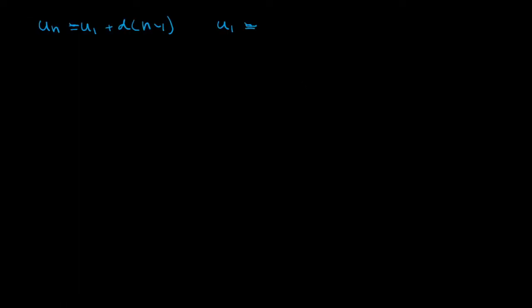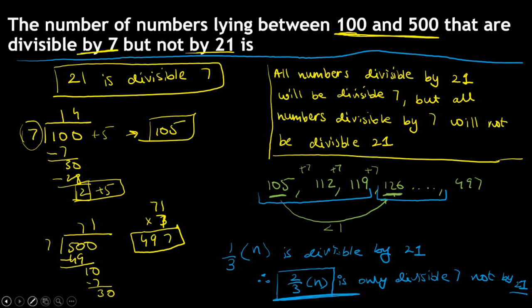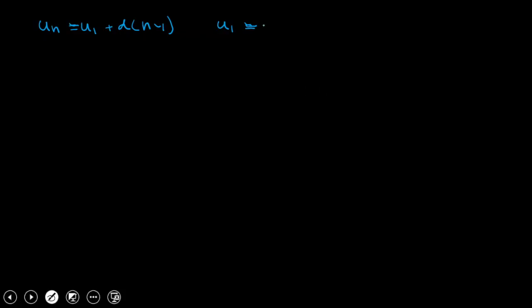Because we created a new term right here where the common difference was 7, because we knew that whatever numbers are divisible by 21, we will eliminate them and get the number of terms which are not divisible by 21. So u1 is 105, the common difference is 7, and to find the number of terms, you also have to find the nth term, which is the greatest term in the sequence, which is 497.